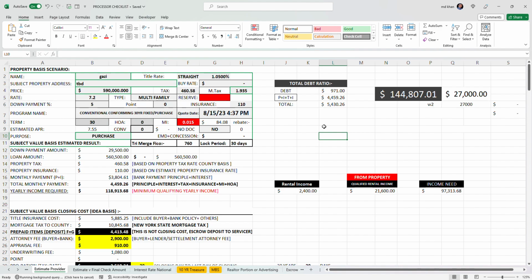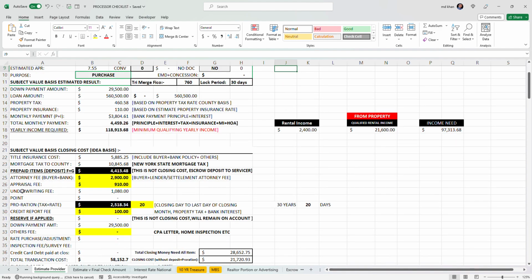So first things first. In order to close a property, you have to buy title insurance.